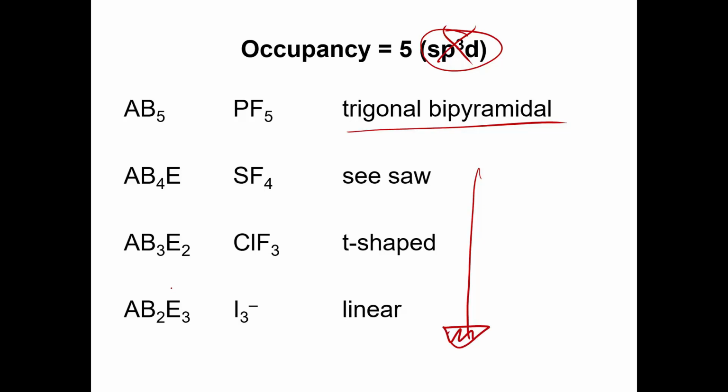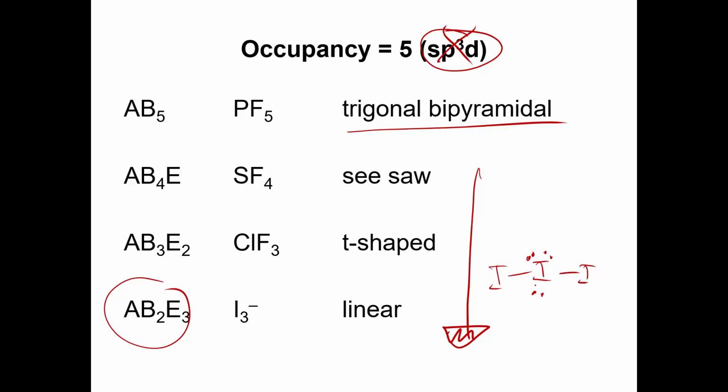You can either draw a molecule like I3⁻, and when you're done, you can put it into that. You can either visualize and say, okay, this was a trigonal bipyramid, all three lone pairs are going to be in the equatorial position, therefore it's linear. If you can visualize that and deal with that, that's great.